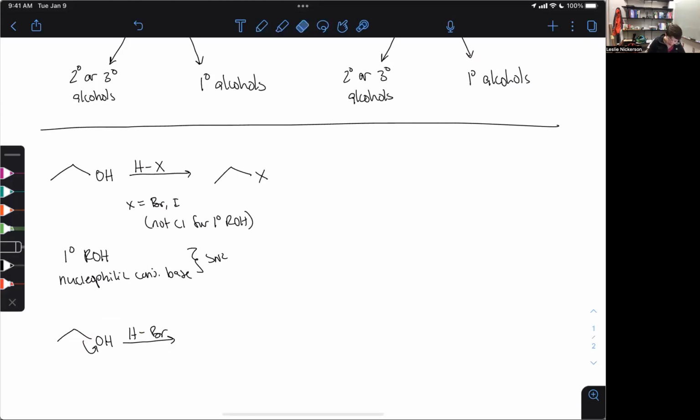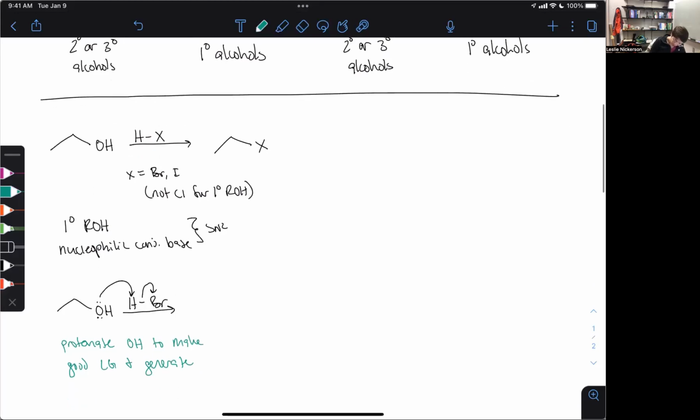The very first thing that's going to occur here is we're going to have our OH get protonated, and we're going to do an acid-base reaction first. So we're going to protonate the OH to make it a good leaving group. And we're going to generate our nucleophile.